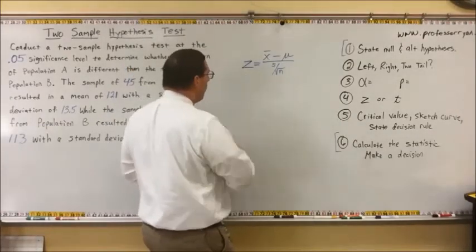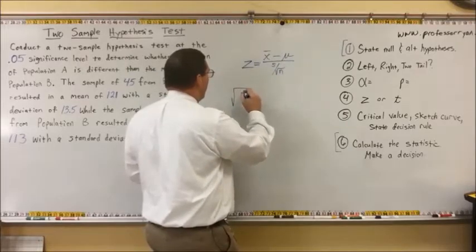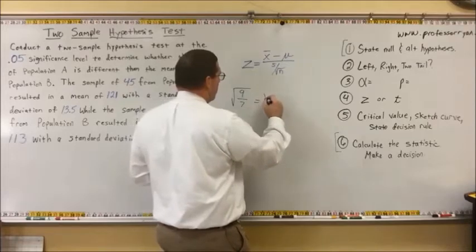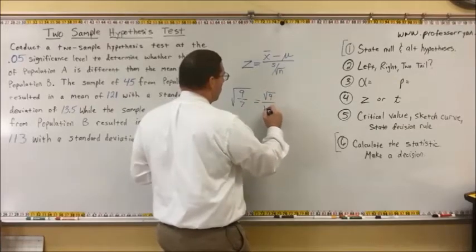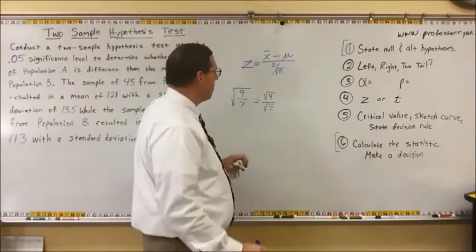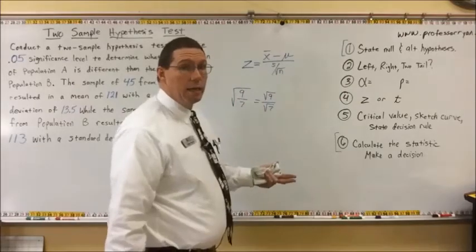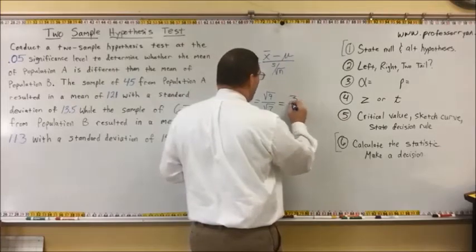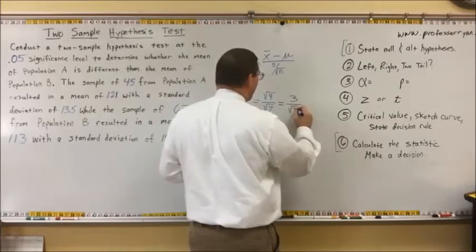Now I want to show you, what if I had the square root of 9 over 7? Then that would be the square root of 9 over the square root of 7, right? But the square root of 9 is actually equal to 3. So this would be equal to 3 over the square root of 7.